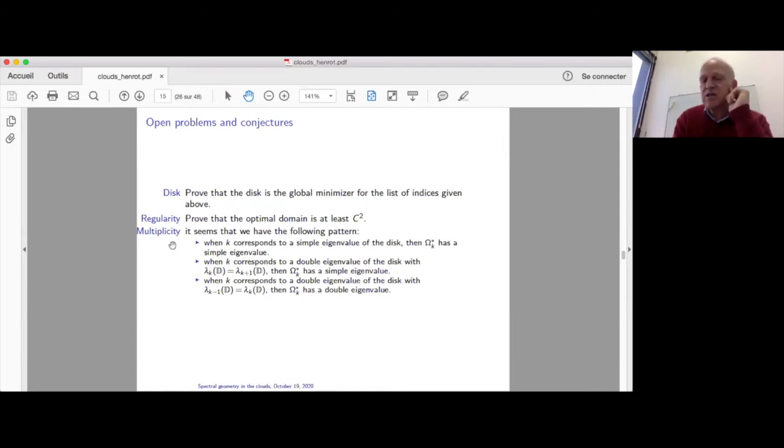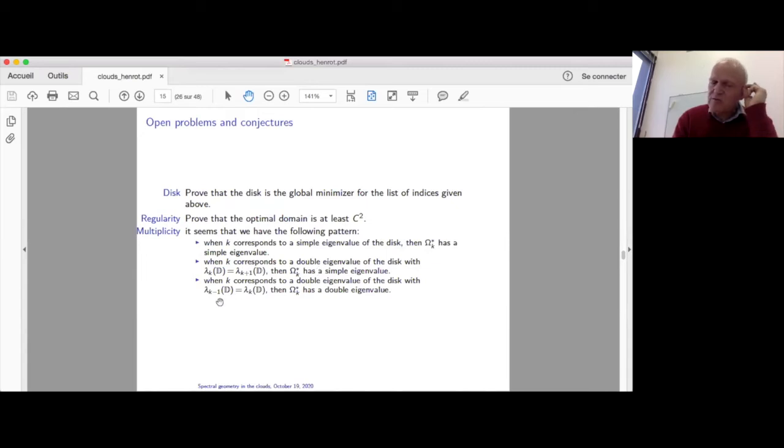What we see, but it's just numerics, is that when the index k corresponds to a simple eigenvalue of the disk, for example k equals 6, it seems that the optimal domain has a simple eigenvalue. When k corresponds to a double eigenvalue of the disk, but this is the lower index, it is still a simple eigenvalue.